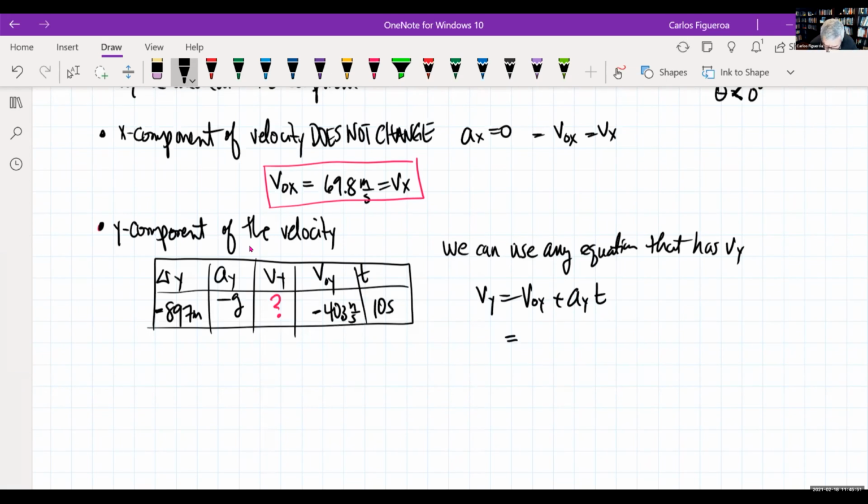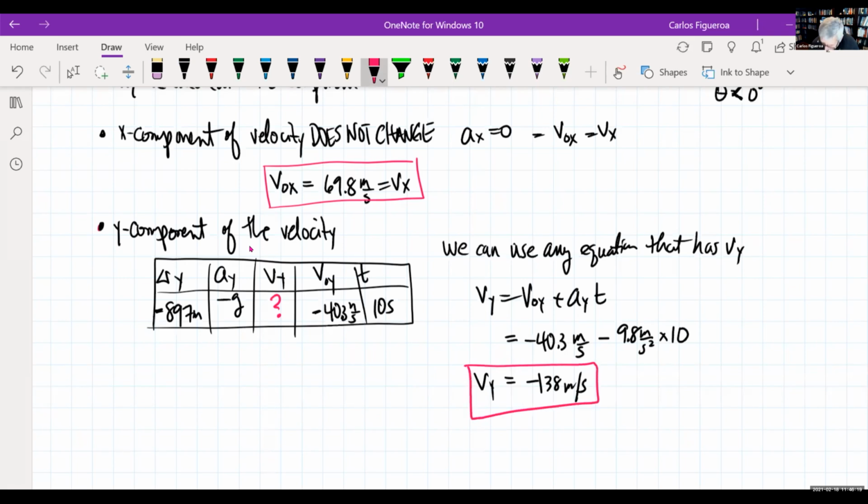If I plug in my values, this is going to be 40.3 minus 9.8 times 10. If I calculate this, I get minus 138 meters per second. And now I have my Vy.